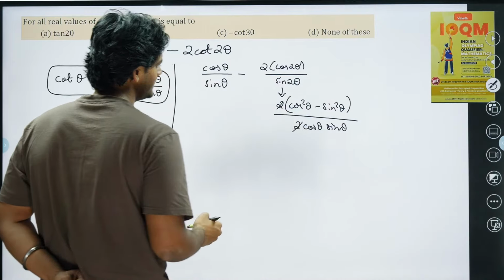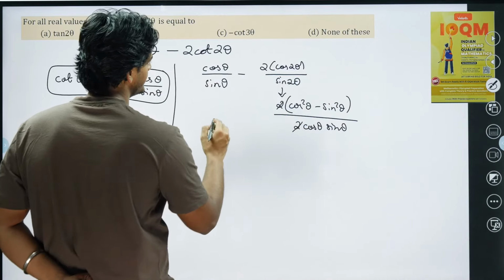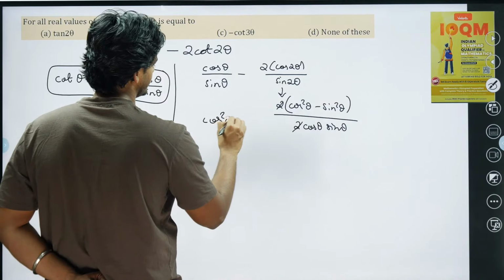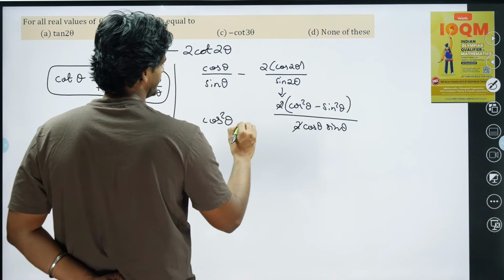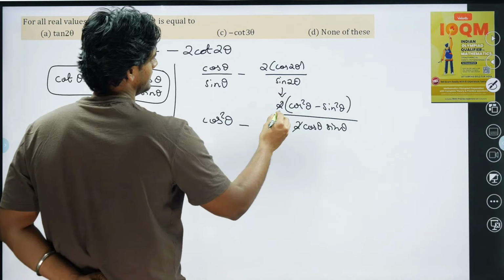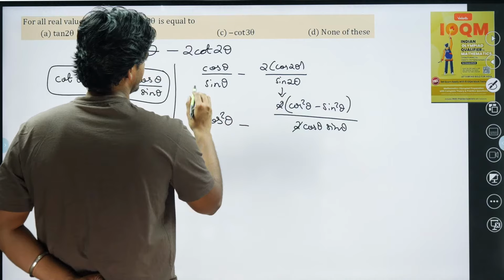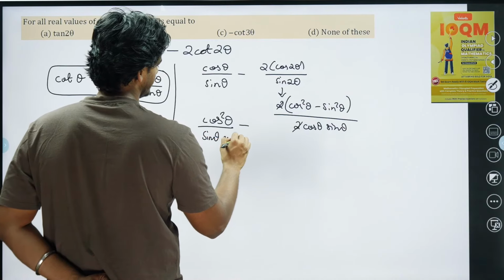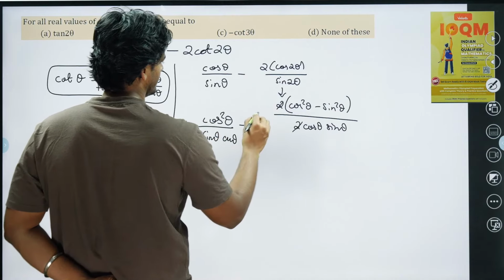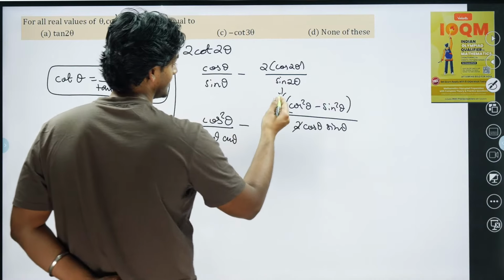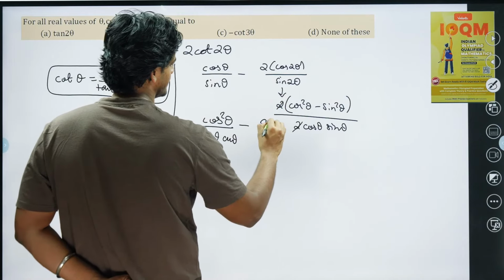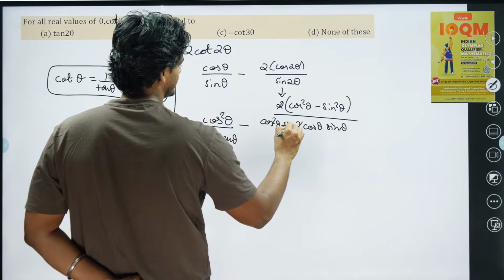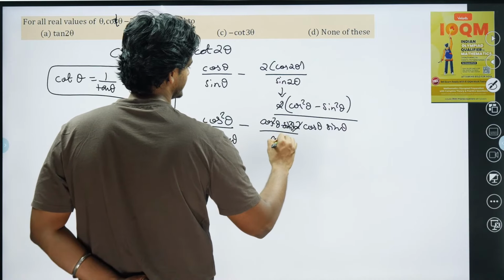2 can get cancelled. To get the same thing, I need to get cos square theta. Cos square theta minus cos square theta by sin theta cos theta is equal to cos square theta minus sin square theta by cos theta sin theta.